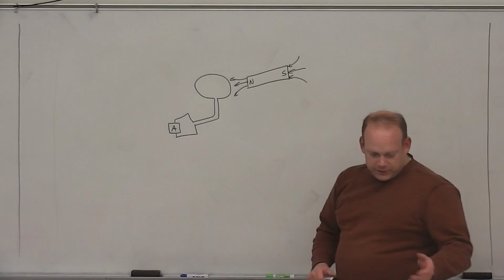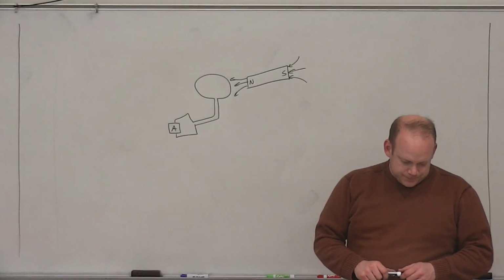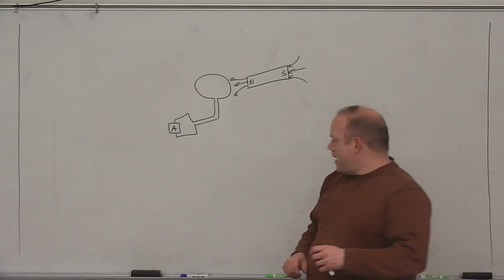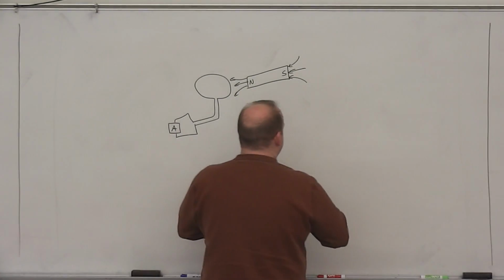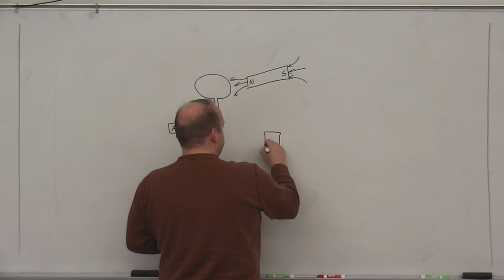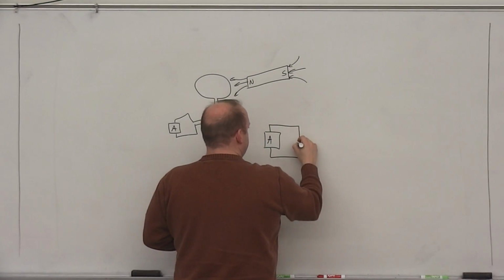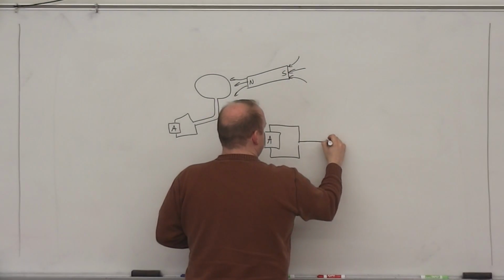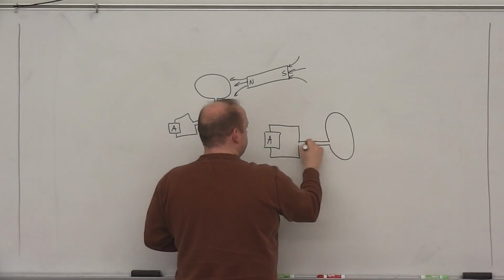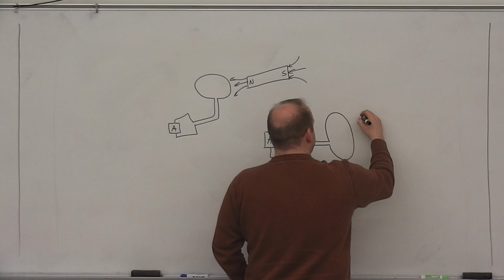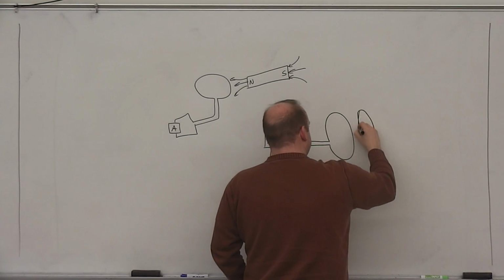Now, another setup, and this is shown on page 792 of your book. If I take a little ammeter here, and connect it, and I've got a little loop here like this, and over here I take another little loop, like this.